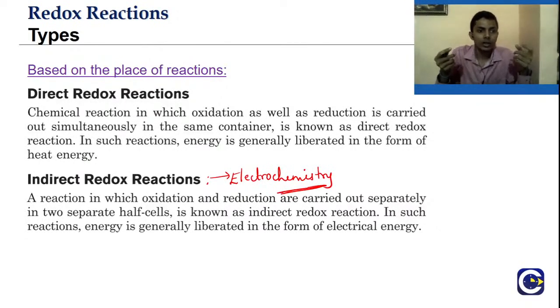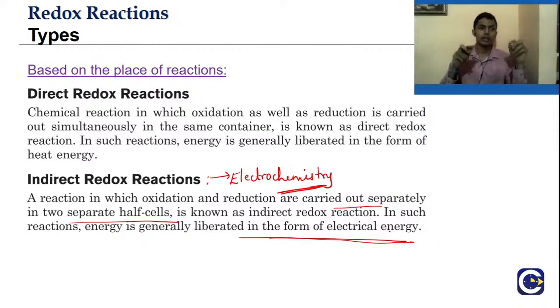A direct redox reaction is a chemical reaction in which oxidation as well as reduction is carried out simultaneously in the same container. In an indirect redox reaction, oxidation and reduction are carried out separately in two separate half cells, and then they are connected through electrical means. The energy is generally liberated as electrical energy.